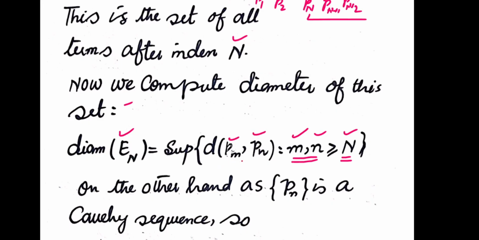After finding the distance between every two such terms, we take the supremum. So this gives the diameter of E_N.